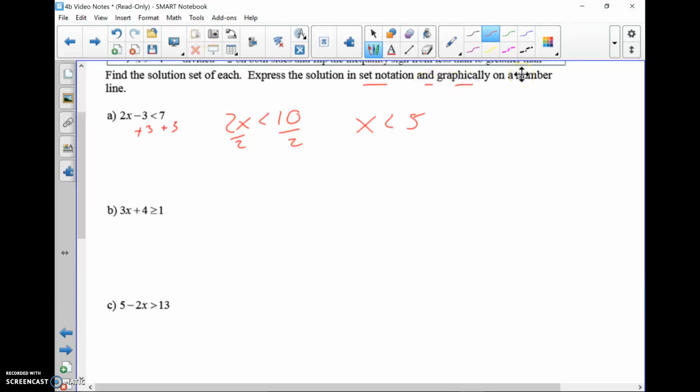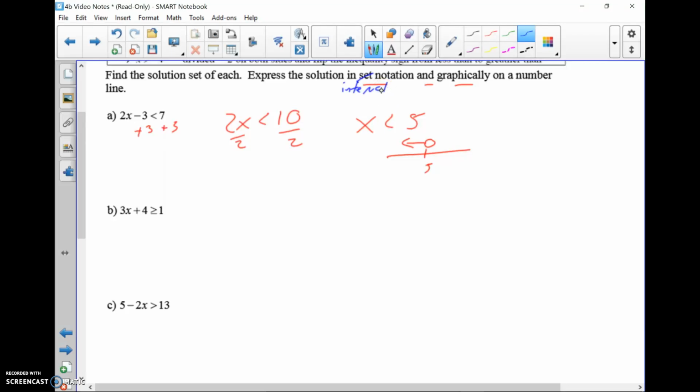So x is less than 5 on the number line would be an open circle because we're not equal to, pointing left for less than. In set notation, which I think what I meant to say there was probably interval notation, but that's okay. The interval notation, which we're really looking for, you don't need to worry about set notation.